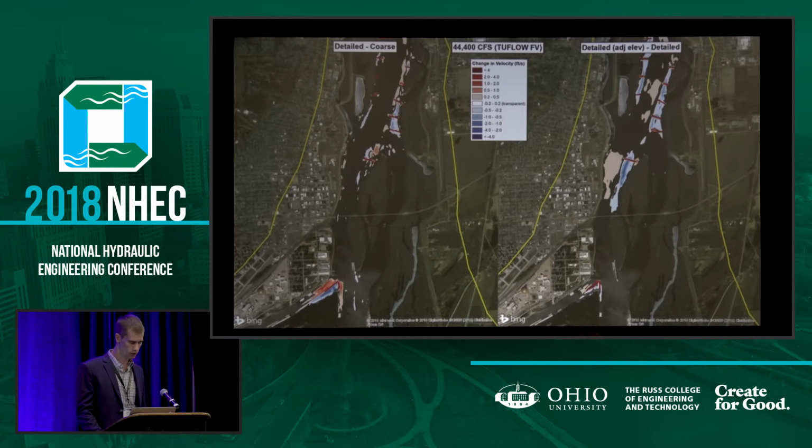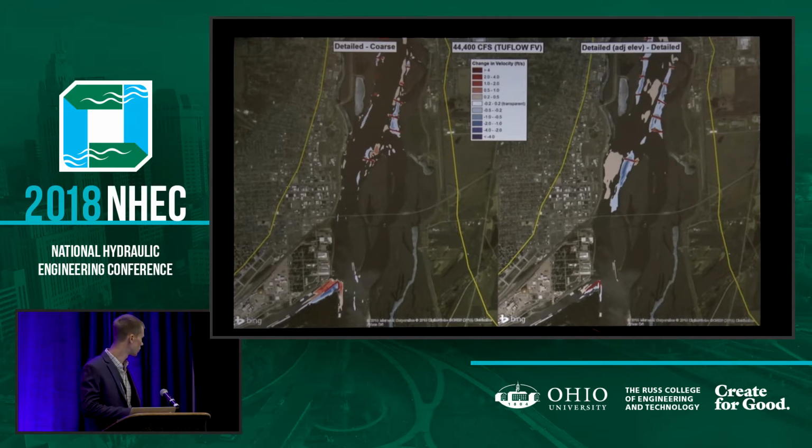I should also point out that this is the bridge that we were interested in, and this is the closest wing dam to the project. You could see no effect in the velocity at our actual bridge of interest.